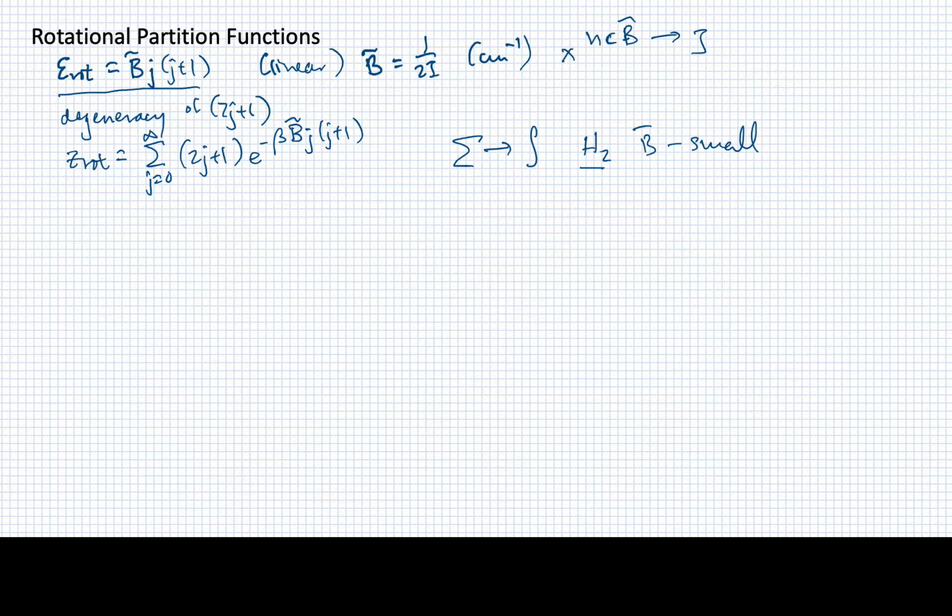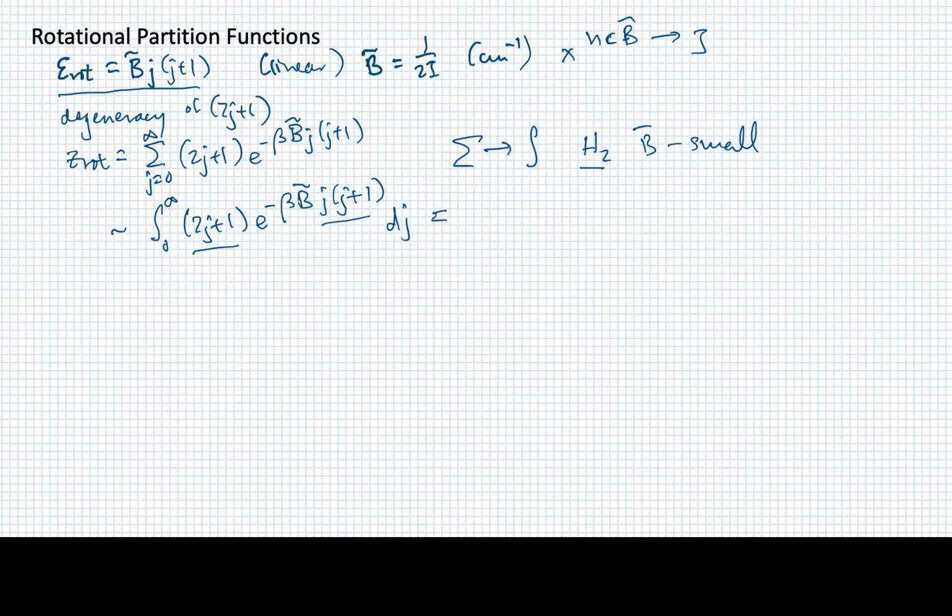Now when we do that, that means that our rotational partition function could be written a little bit like this: the integral of 2J plus 1 e to the minus beta times the rotational constant B times J(J+1). And now we're going to treat that J as though it's a continuous variable, so we would be integrating over that J. Well, it turns out that this fragment down here is actually the derivative of this stuff up here, so it makes it quite straightforward to evaluate this integral.